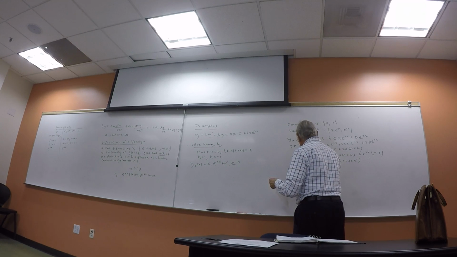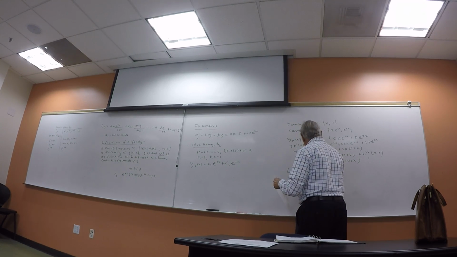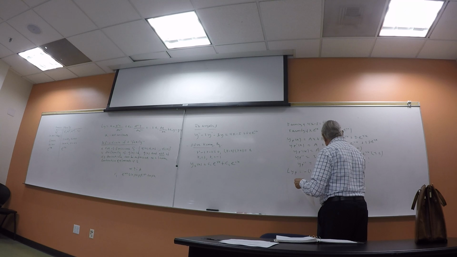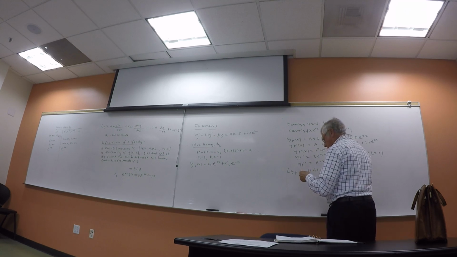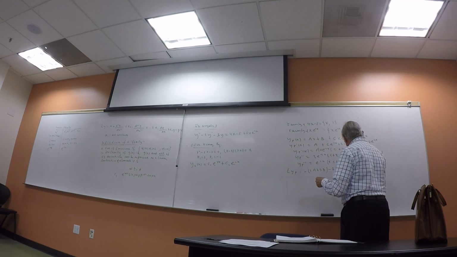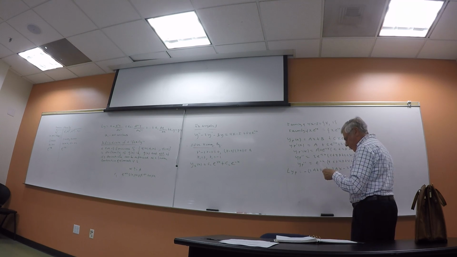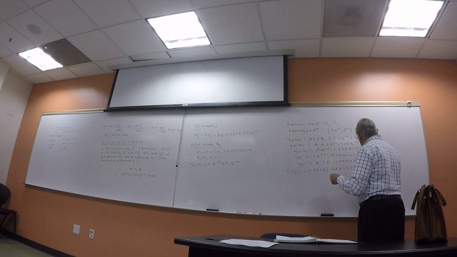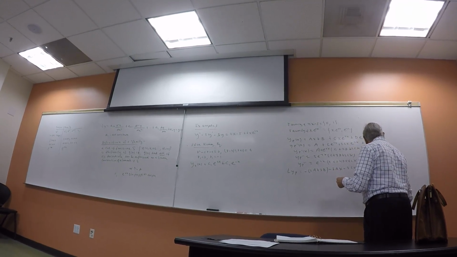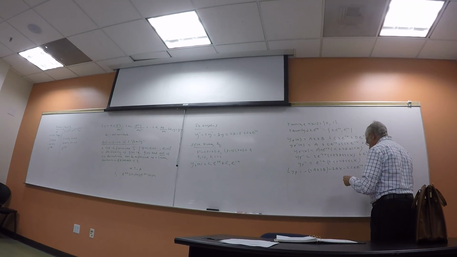I'm going to get minus parentheses 2a plus 3b. That's the constant term. Then I'll pick up a linear guy that's minus 3ax. Then I pick up a minus 3cx times the exponential of 2x. And then, finally, 2c minus 3d, exponential of 2x.